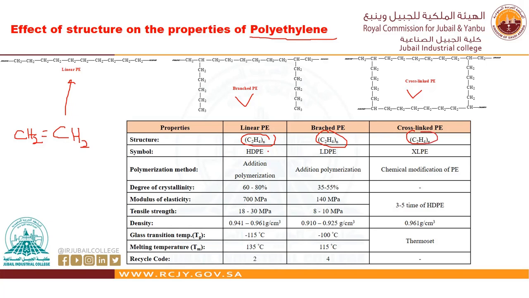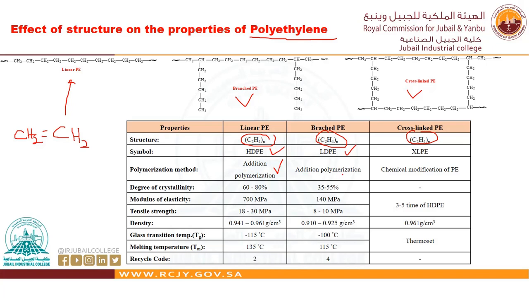The linear is represented as high density polyethylene. We are going to discuss why it is high density, and this one is low density polyethylene. We're going to discuss why the density is low, and this one is XLPE, which is cross-linked polyethylene. We'll also discuss the properties of cross-linked polyethylene. The linear is formed by addition polymerization, mainly using coordination polymerization with a catalyst.